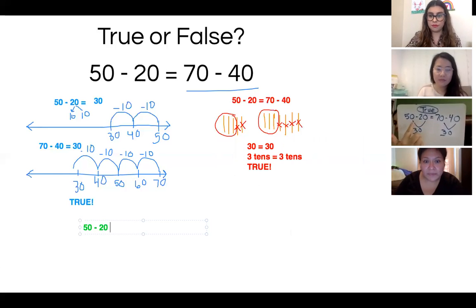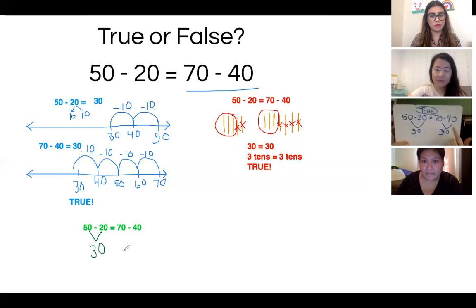And I noticed that in thinking of place value, there are no ones. So 0 minus 0 is 0. But in looking at the tens, I have 5 tens and I have 2 tens. And I really have to pay attention to that minus sign. So 5 tens minus 2 tens is 3 tens. So my answer here is 30.